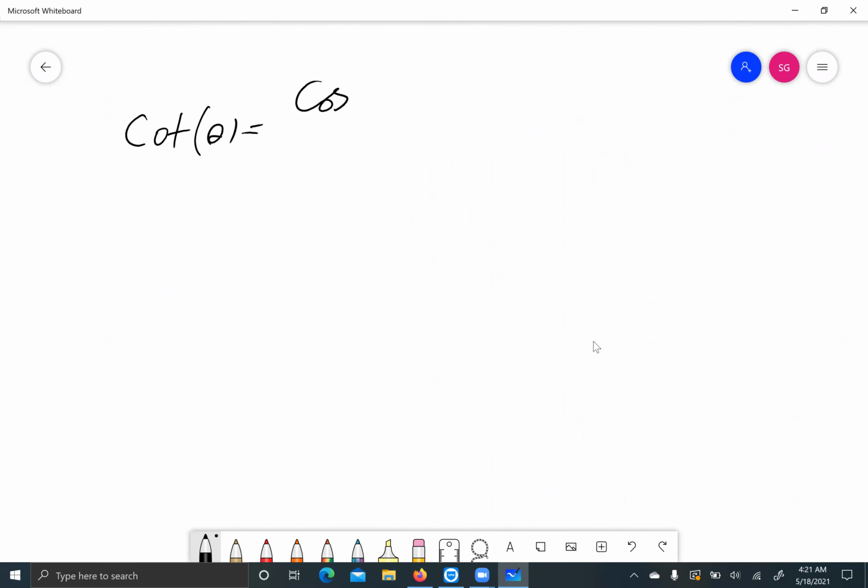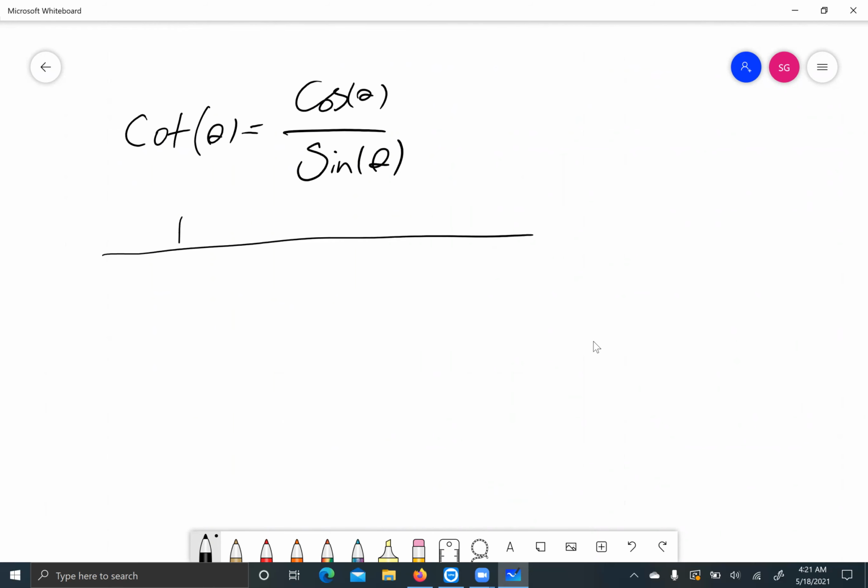So for cotangent, which is cosine over sine, where do we get the asymptotes? We get the vertical asymptote whenever sine is 0. So when is sine 0? Cotangent of theta. Sine is 0 at 0. So it's going to be 1 over 0. That gives us the vertical asymptote.